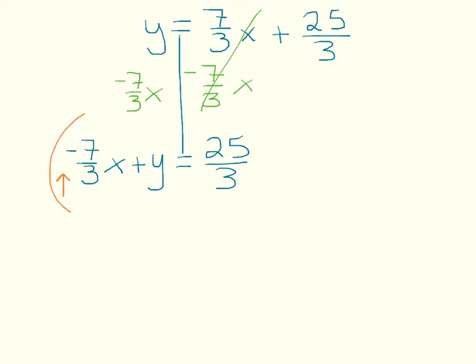So I'm going to multiply everything in my equation by a negative, because that will make my leading coefficient positive. And then I have the same denominator in my two fractions, so I'm going to multiply by that denominator. If you don't have the same denominator, you just multiply by a common multiple. So let's multiply all of these here. Negative 3 times negative 7/3.